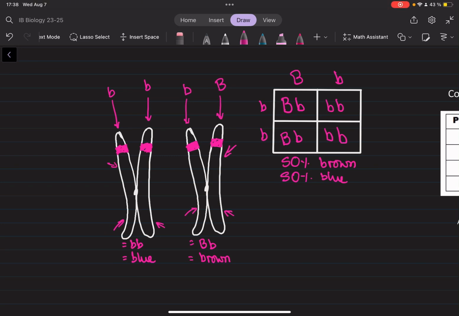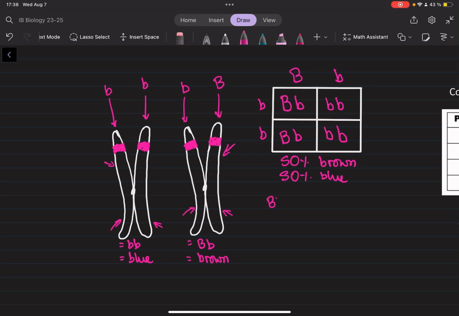I feel like another thing about inheritance in the IB is the language surrounding it. So for example, if you have the genotype big B, little b, you would say that the phenotype would then be brown eyes. However, to describe the genotype, you would say that it's heterozygous.